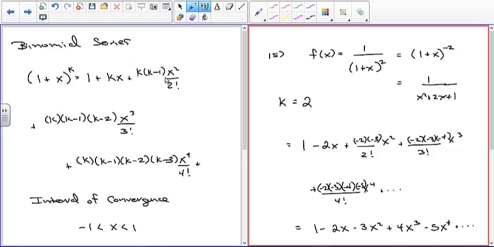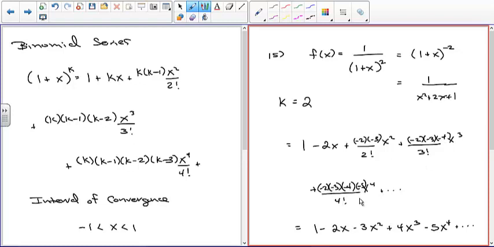Then you have k, which is negative 2, times negative 2 minus 1, which is negative 3, divided by 2 factorial. Then the next term, you have negative 2 minus 1 is negative 3, minus 1 is negative 4, times x cubed over 3 factorial. And then the next term, you have that.